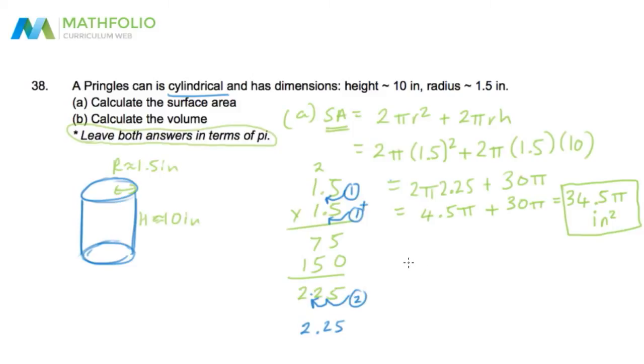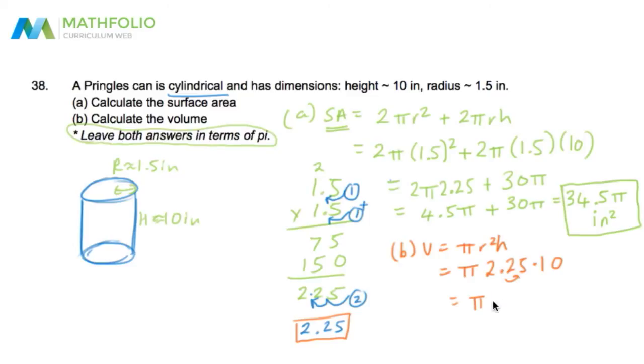Now for B, I'm going to change color to orange. For B, the volume formula is pi r squared h. Now pi is going to stay in our answer. R squared, we worked out to be 2.25. So this 2.25 can go here, and our height is the 10. So when we're timesing by 10, that point's going to jump.